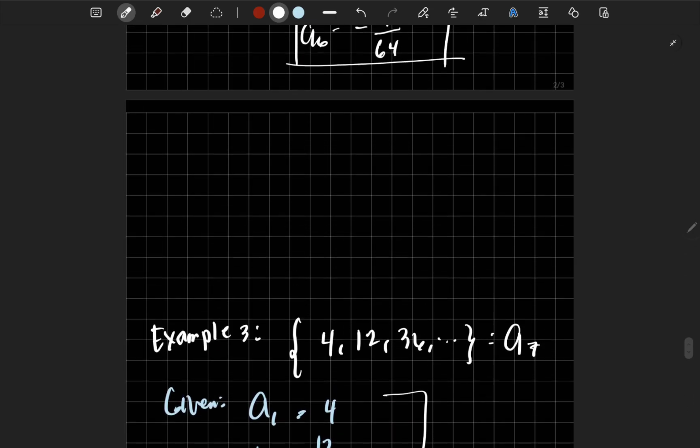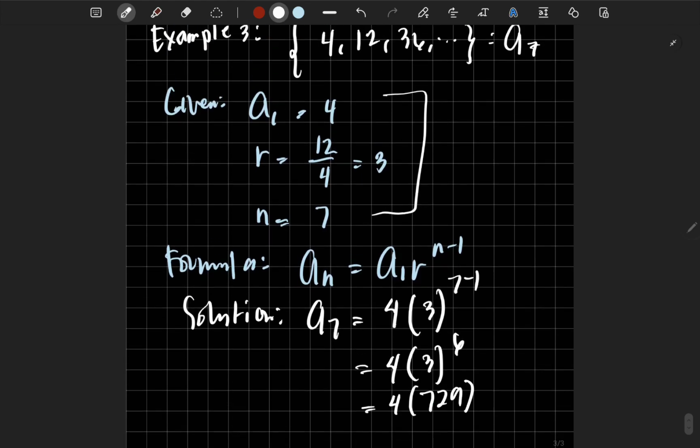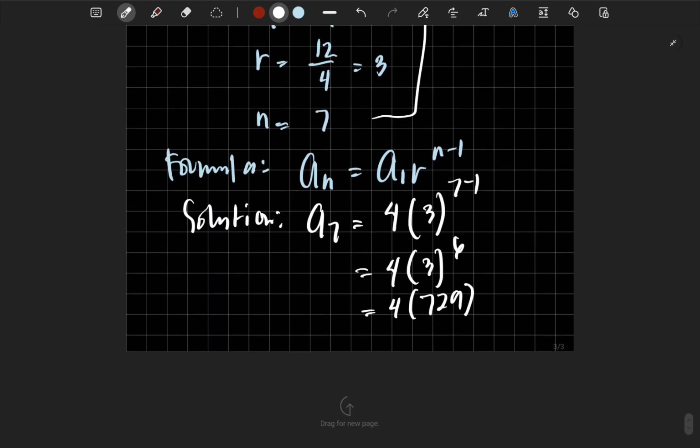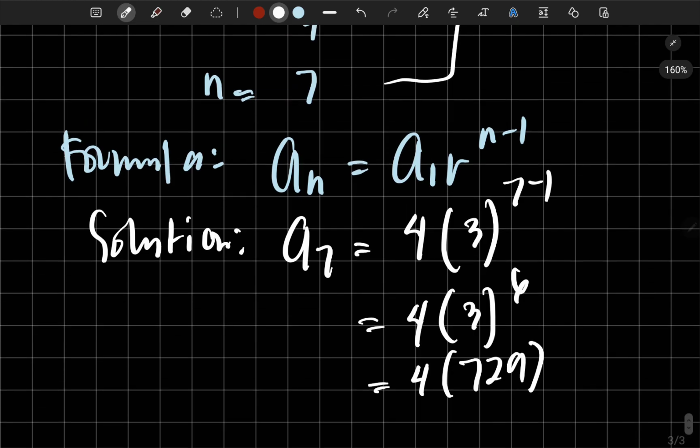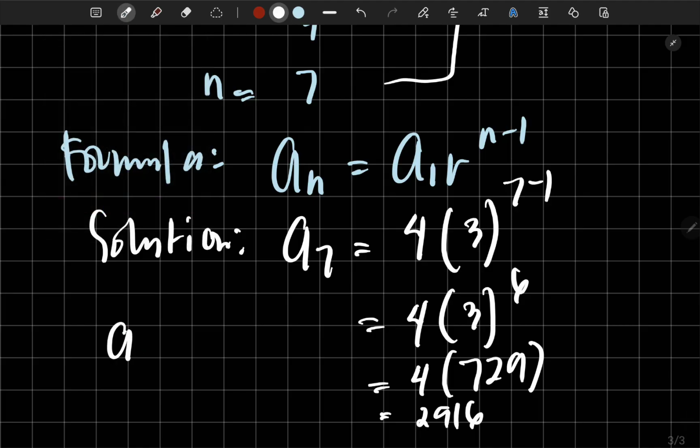So you have here 4 times 729, and 729 times 4 is equal to 2,916. So our a sub 7, or the seventh term of this sequence, is 2,916.